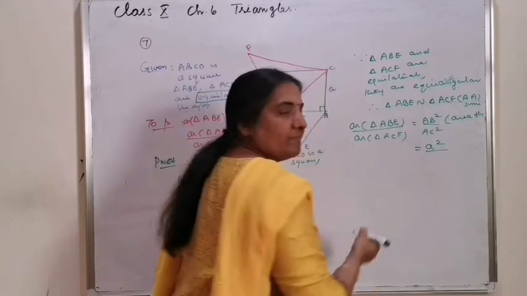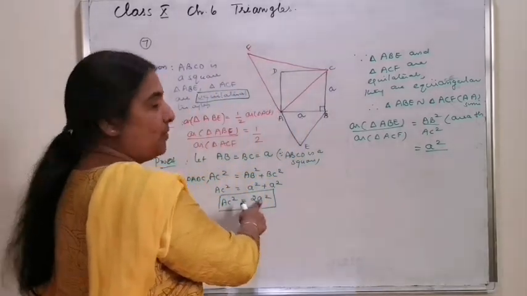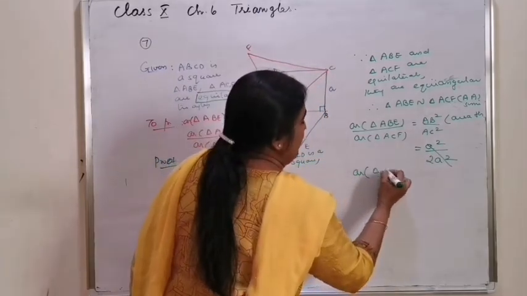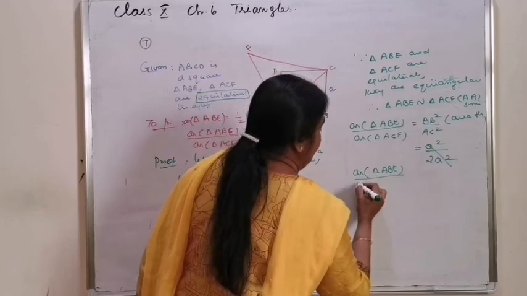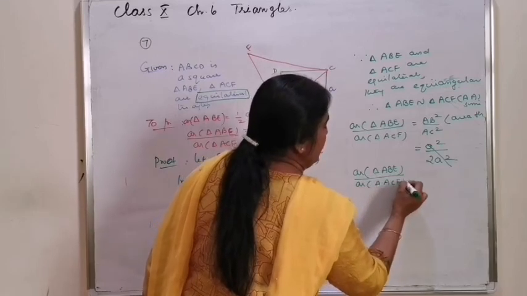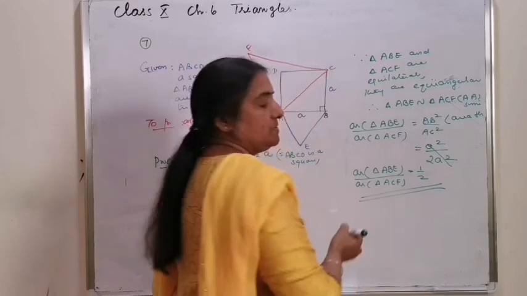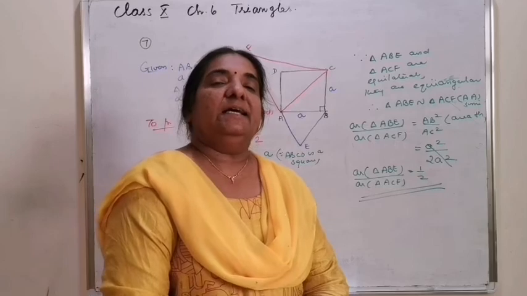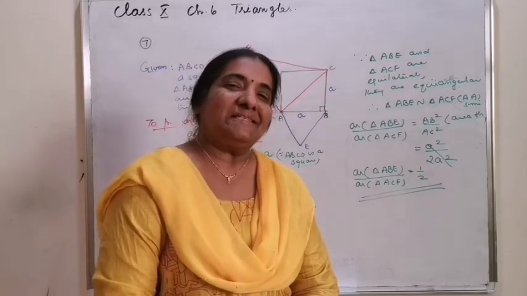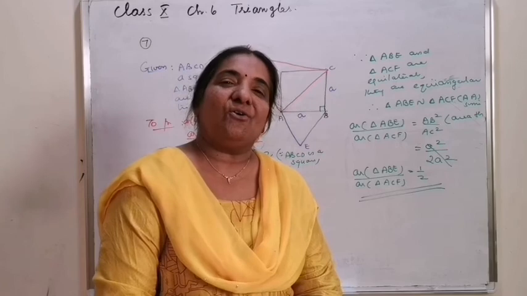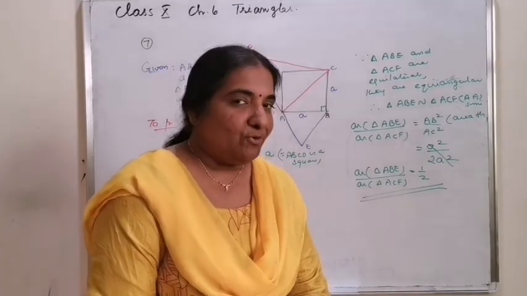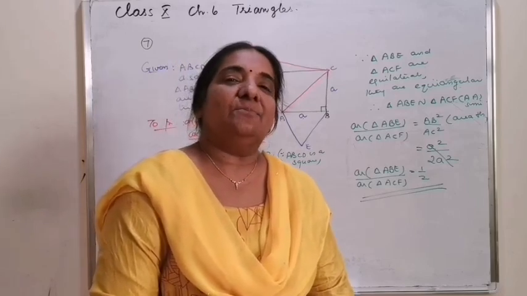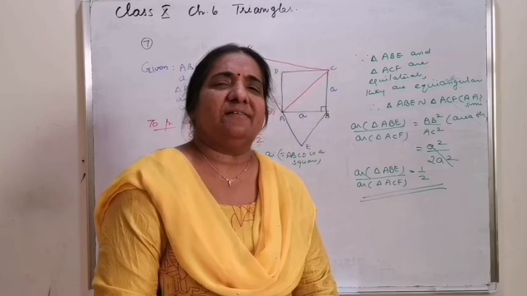It is A square, and AC square is 2A square, so area of triangle ABE by area of triangle ACF is equal to 1 by 2. This is the last question in area theorem exercise. This exercise, all the questions are very important. I request all the children to copy down the proof from the video and study it thoroughly, as almost all the questions are very, very important.